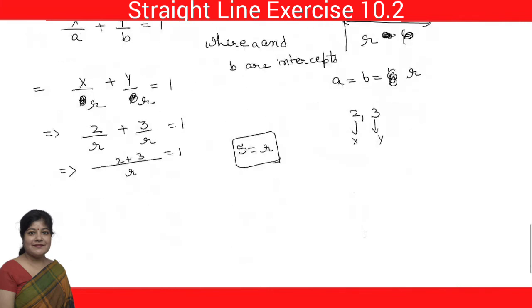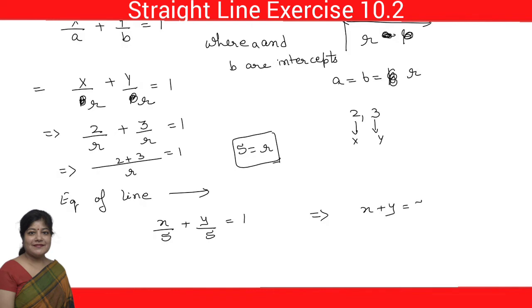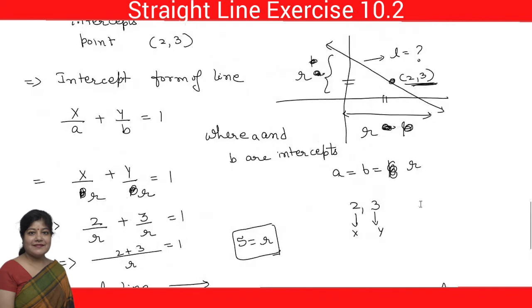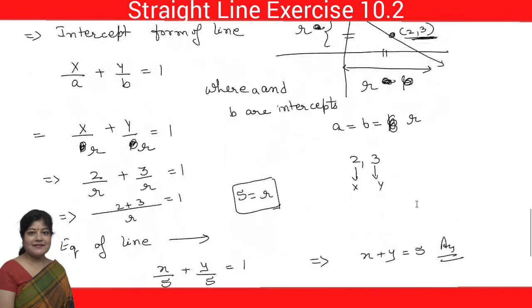So now the final equation of the line becomes x upon 5 plus y upon 5 is equal to 1. That is, the answer is x plus y is equal to 5. This is our answer. Now note down. I think you understand the intercept form. Any problem?